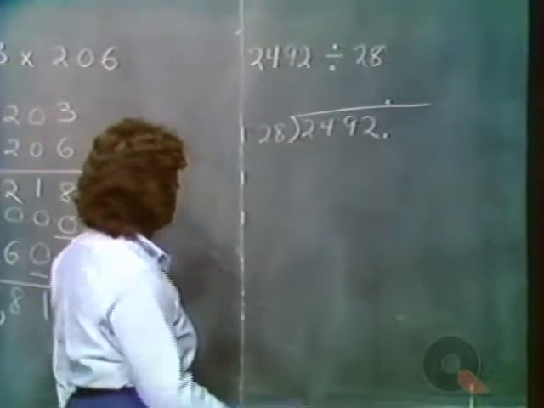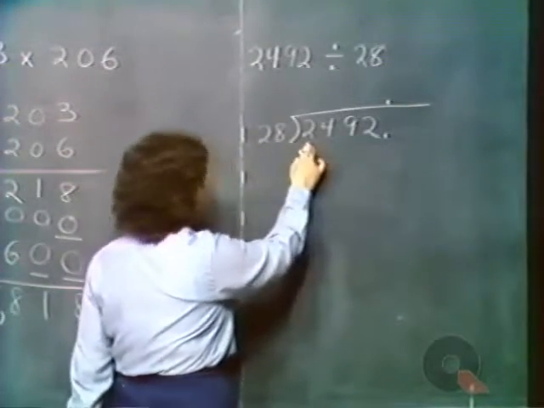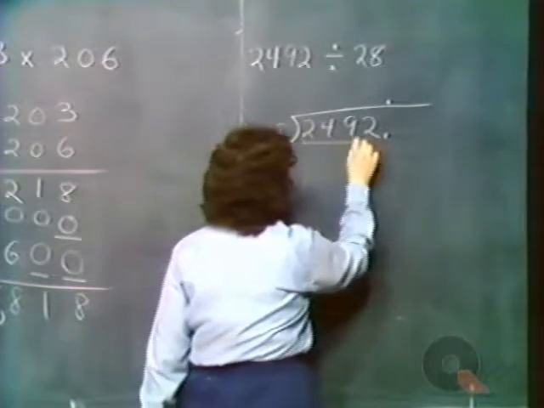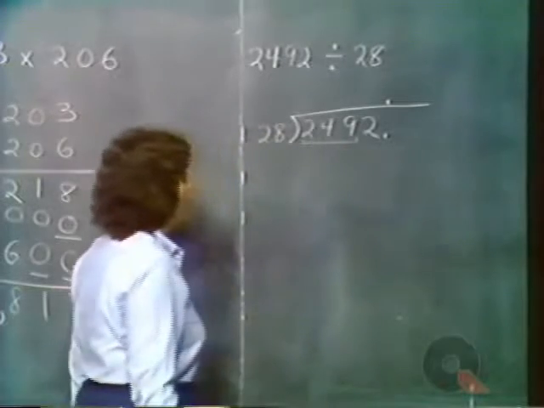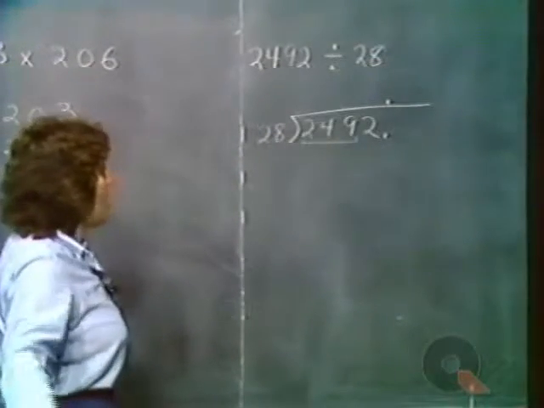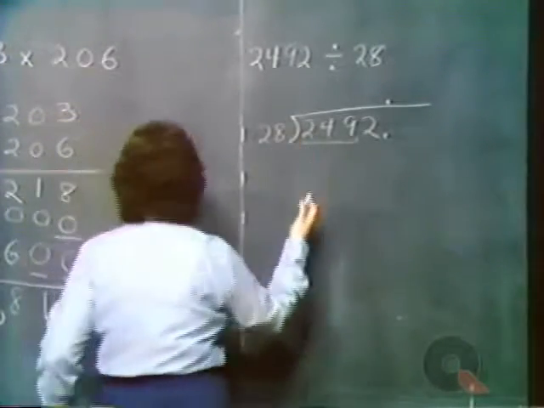We start off. 28 does not go into 2, does not go into 24. The first possibility would be 28 into 249. How many times does 28 go into 249? Okay, basically, this is a trial and error kind of procedure. Let's just take a guess.